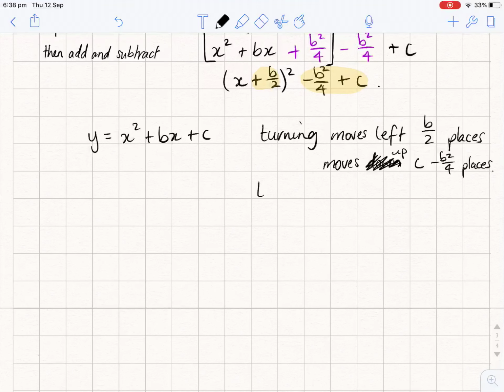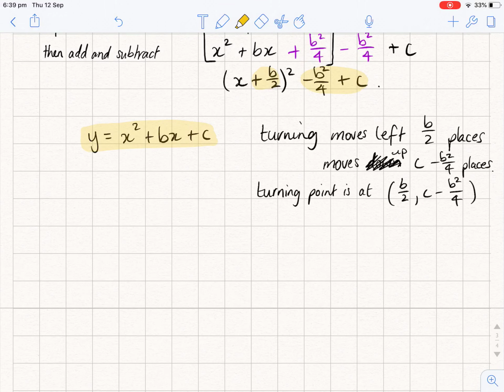Or we can say the turning point is at negative b over 2, comma, c minus b squared over 4. So this is my coordinate of a turning point when I have a quadratic expression in this form.